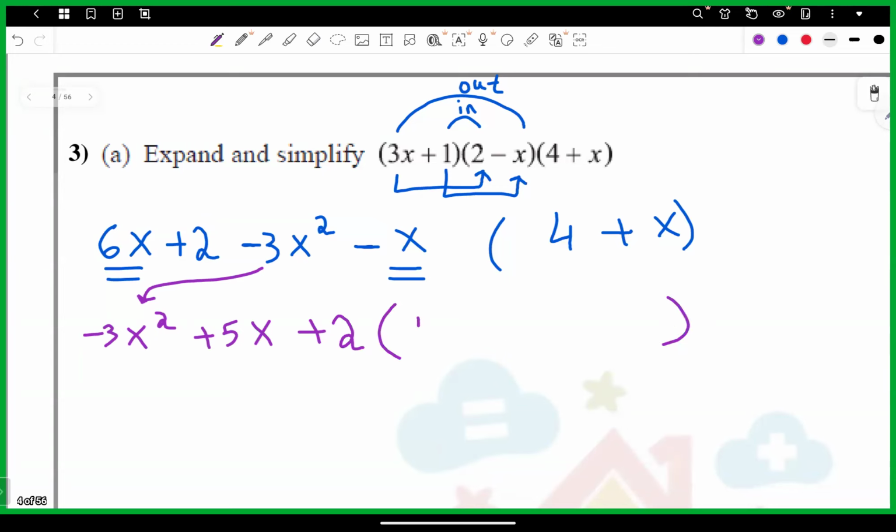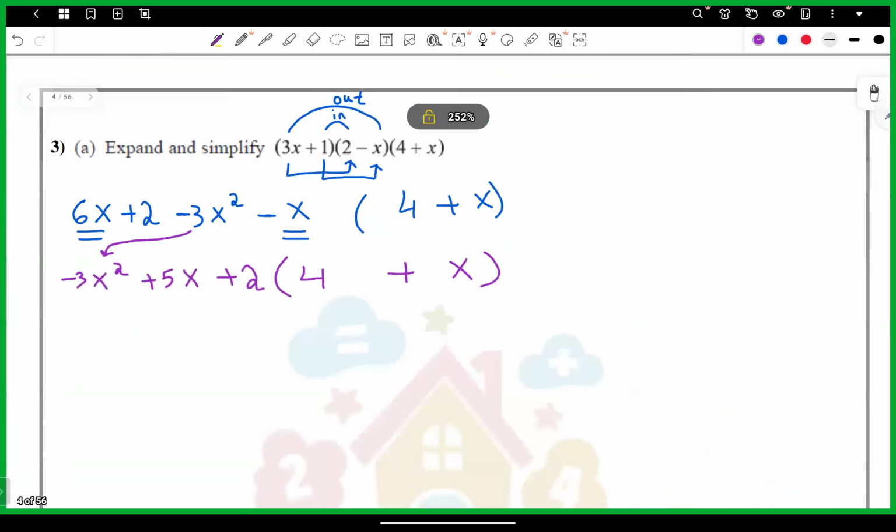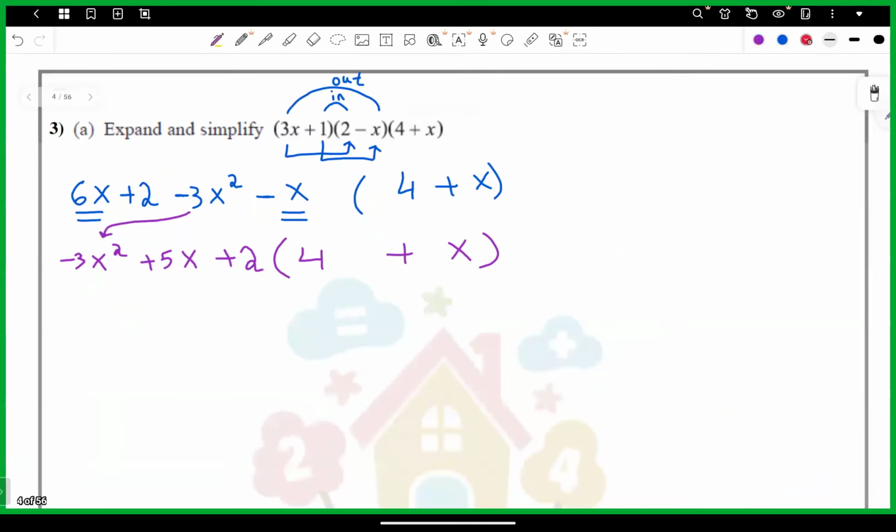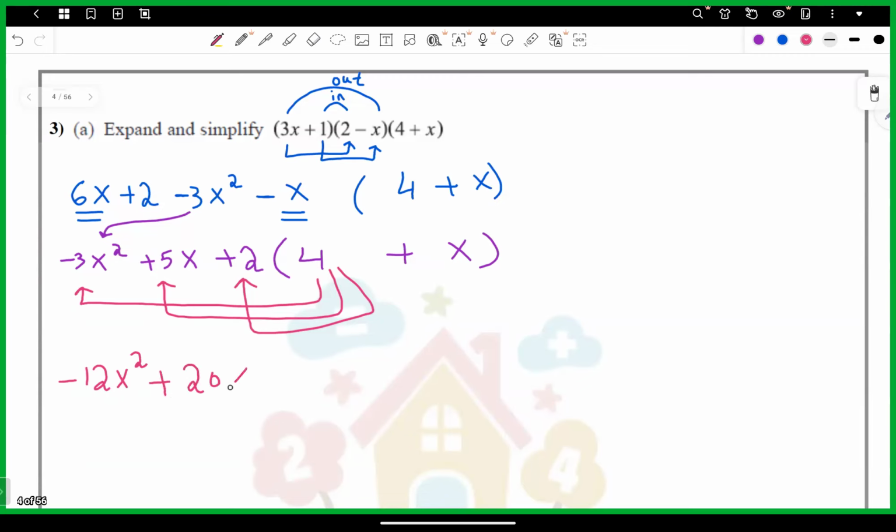Don't forget that we have to multiply each one of them by 4 and each one of them by x. Okay? So 4 multiplied by minus 3, 4 by positive 5, 4 by 2. And then write your answer. 4 by minus 3 is minus 12x squared, and then plus 20x, and then 2 by 4 is 8.